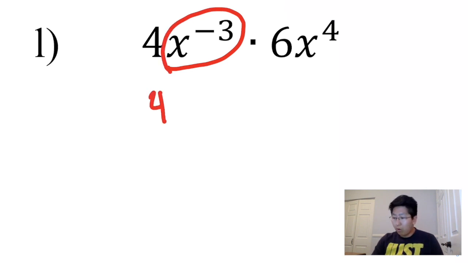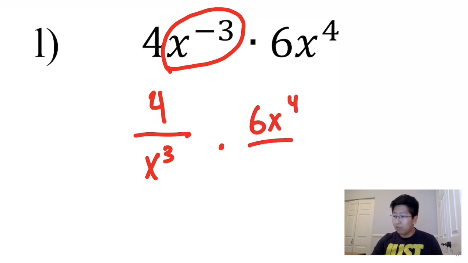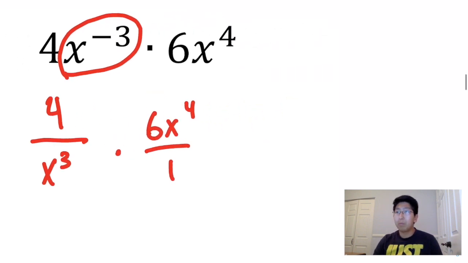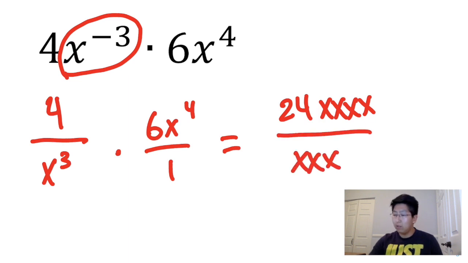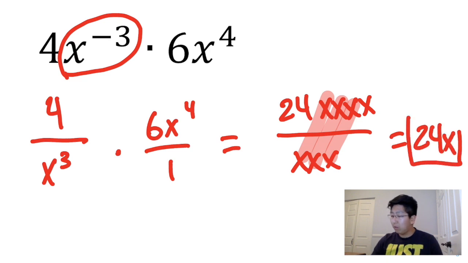So we have 4, and the x to the negative third we're going to bring to the bottom, x to the third, times 6x to the fourth over 1. So 4 times 6 is 24, and then 4 x's over 3 x's. Where did I get these 4 x's? Right there. Now I'm going to create my ones and end up with 24x as my final answer.